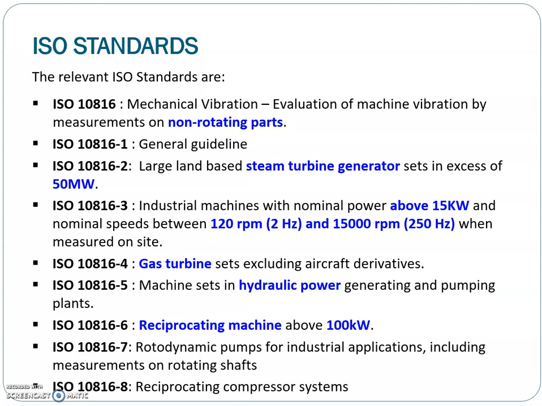Part 5 is for the machine sets in hydraulic power generation and pumping plants. Whereas Part 6 covers the reciprocating machines, and Part 7 is on rotodynamic pumps for industrial applications. Finally, we have Part 8, which was created in 2014, in which the main coverage is on reciprocating compressor systems.